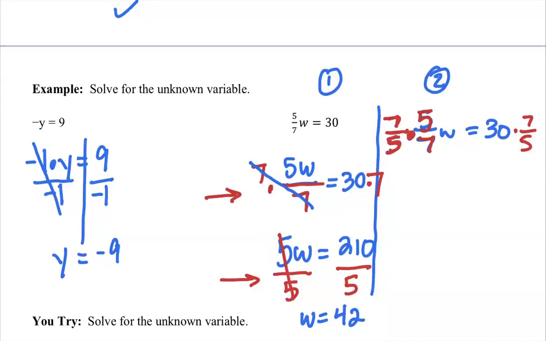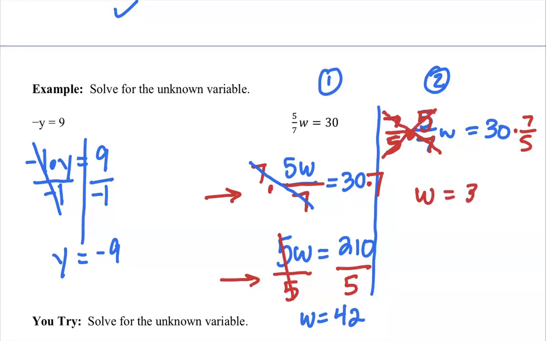Watch what happens. It would be 35 over 35, or just 1, or you can look at it as that cross cancels. I'm not cross multiplying, I'm actually reducing. Either way, we get a w by itself. And so we've solved for w with just 1 step, or doing 2 things at the same time.